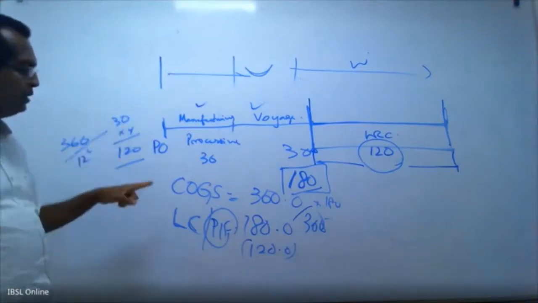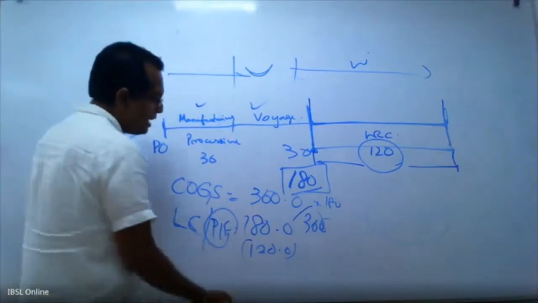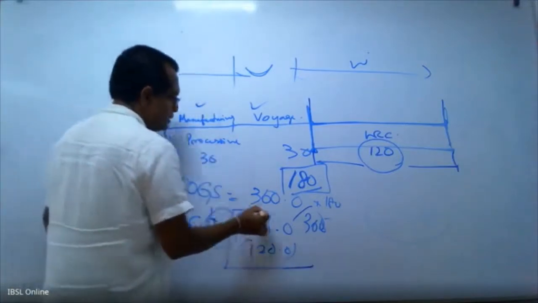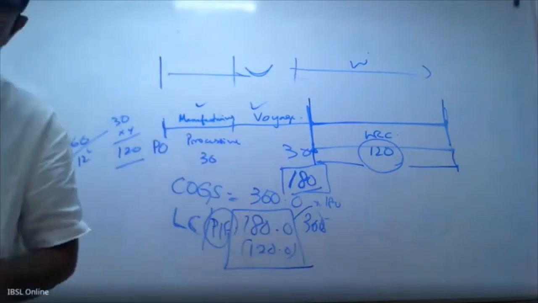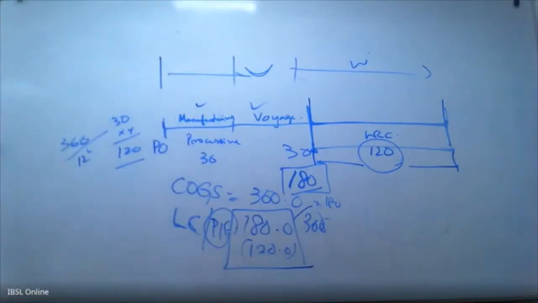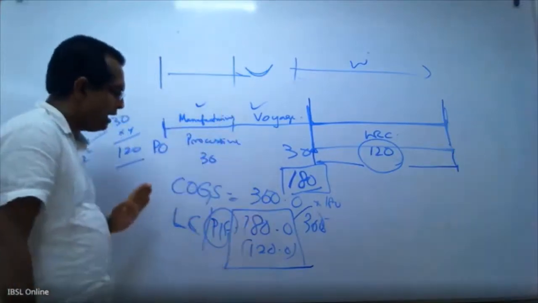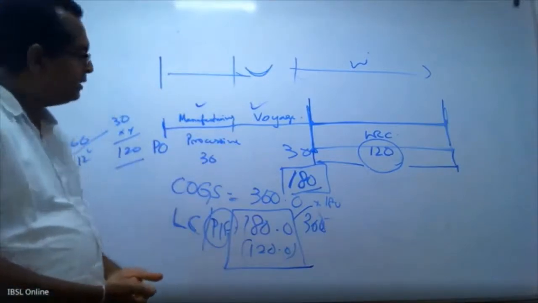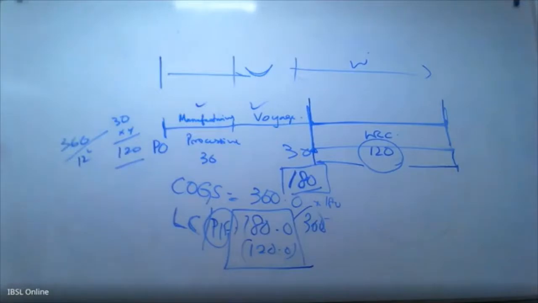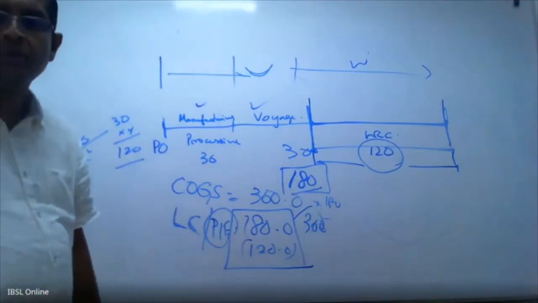If you can have a limit like this, that should be sufficient: 180 million LC line and 120 million PIF line. This is how you work on the LC line and the PIF within it. This is how we calculate. Any questions on this?